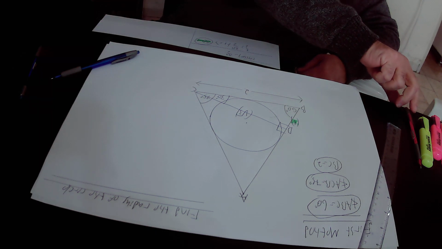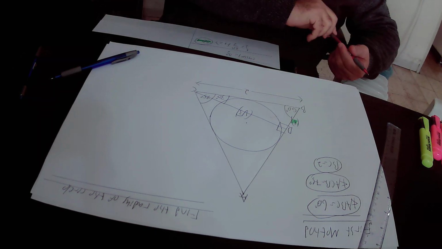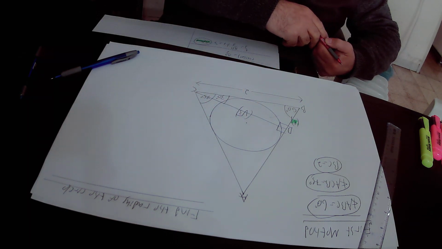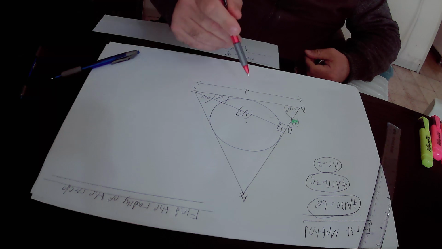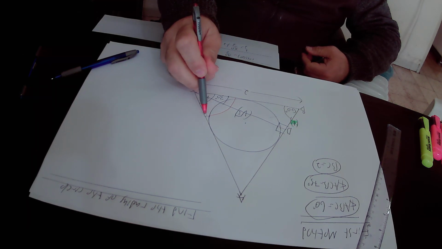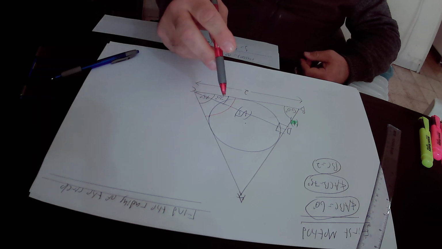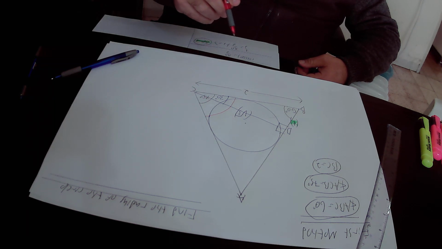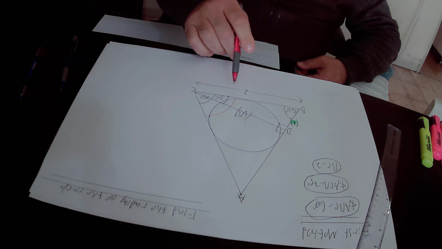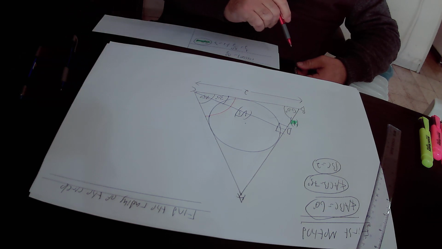So according to what is given to us in the question, the big angle ACB equals 75 degrees in its size. This is the big angle ACB, this is equal to 75 degrees. Angle BCD, the small angle, equals 30 degrees.